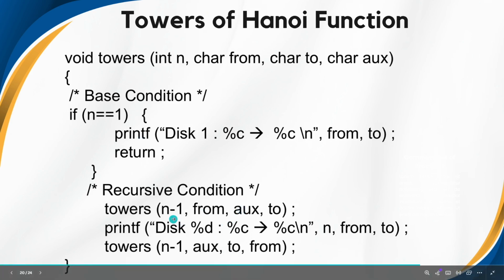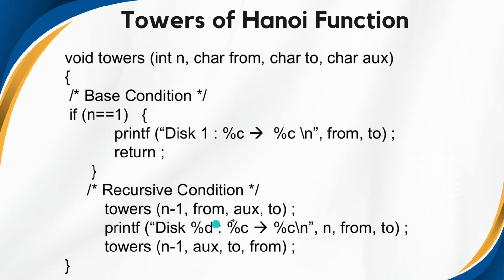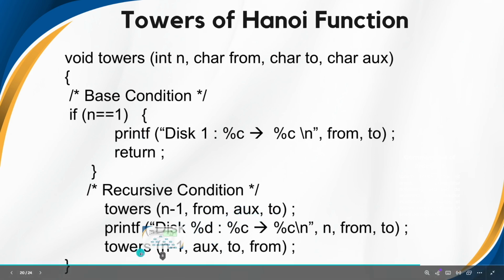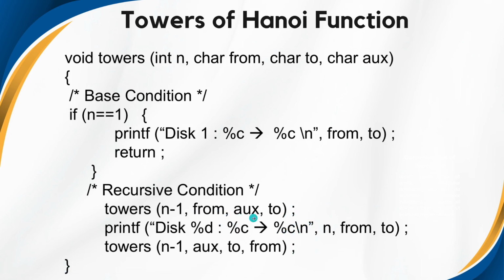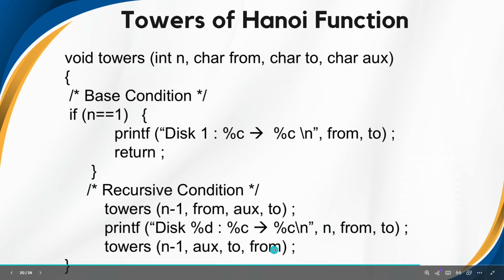These 3 are the positions denoting the poles, the start, intermediary and rightmost poles. These 2 recursive calls are involved in shifting n minus 1 disks first from left to middle and then from middle to right.